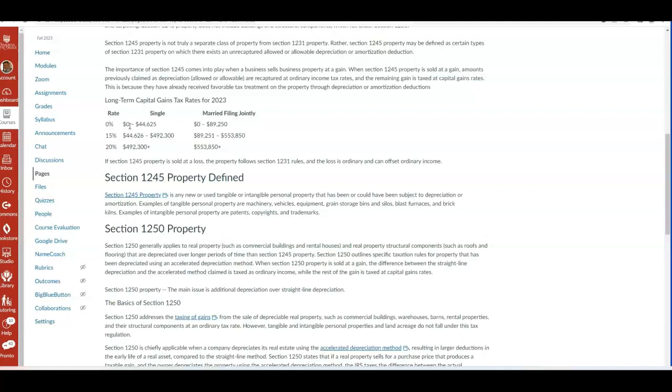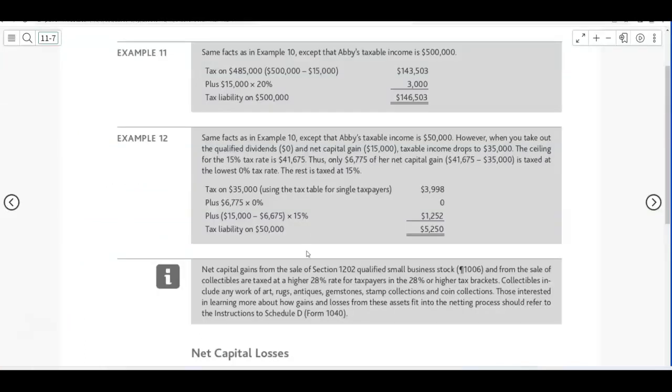So if you have any income between 0 to 44,000, it's 0%. But if your income goes above that, then it's different. Then it's 15%. So then you can add them up to figure out the tax liability.